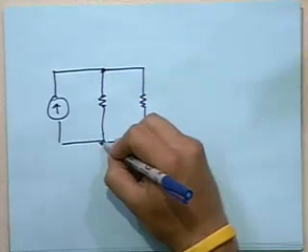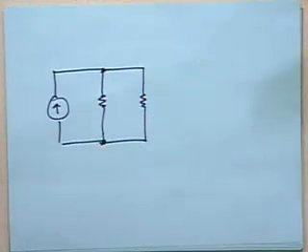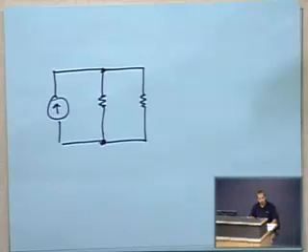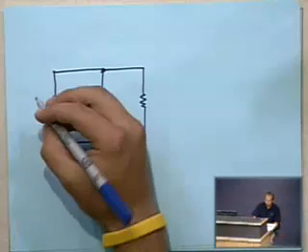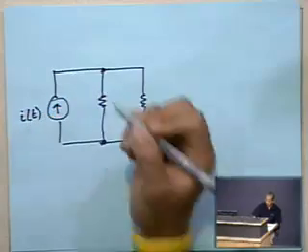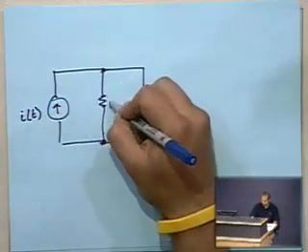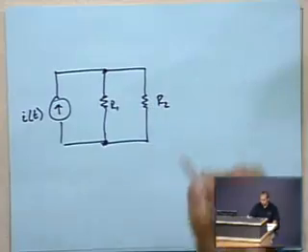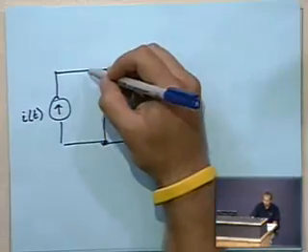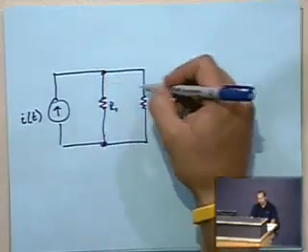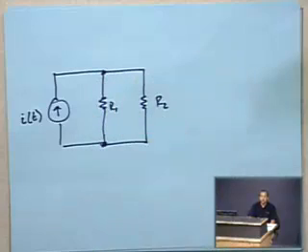They're called single node pair circuits in the book because realistically there is a single pair of nodes that makes up the circuit. We have 3 branches, but we only have 2 nodes in the entire circuit. We've got some sort of current I of t, and these 2 resistors, R1 and R2, and this current I of t has to split between these 2 branches.